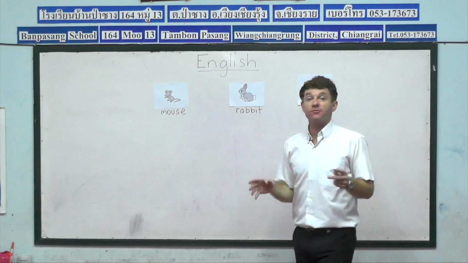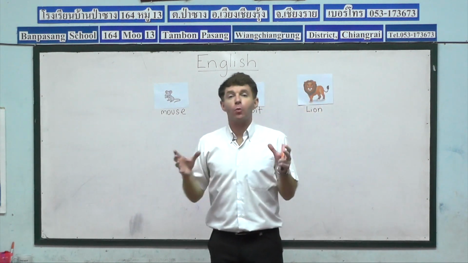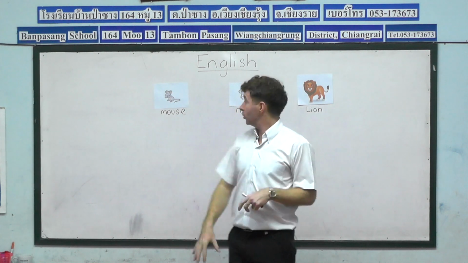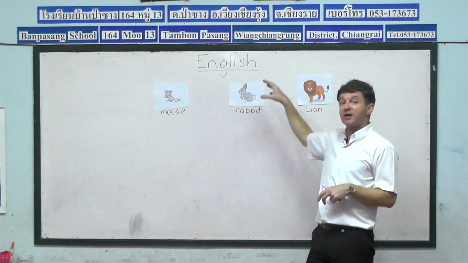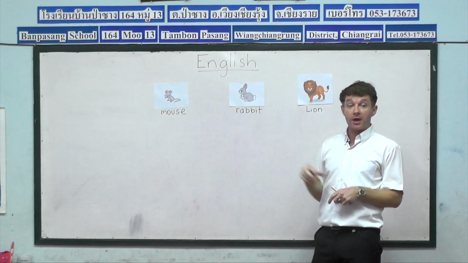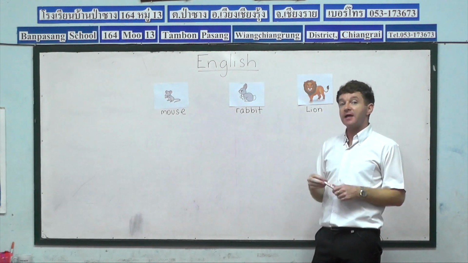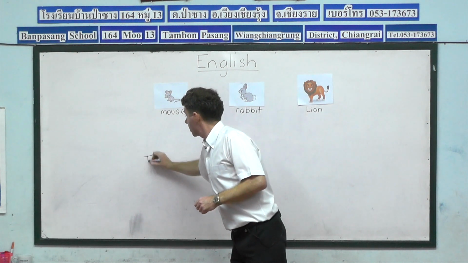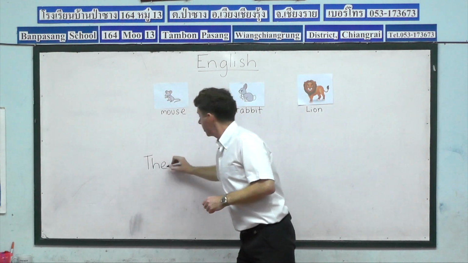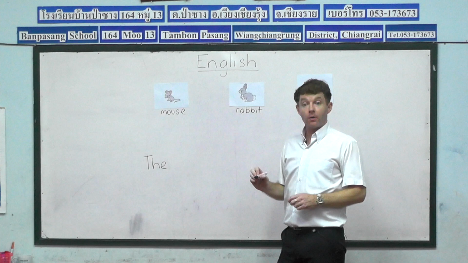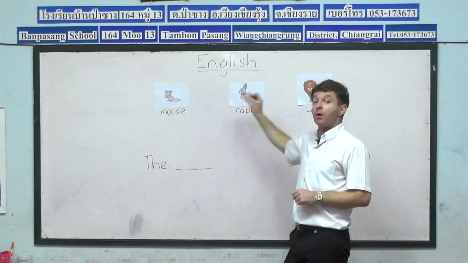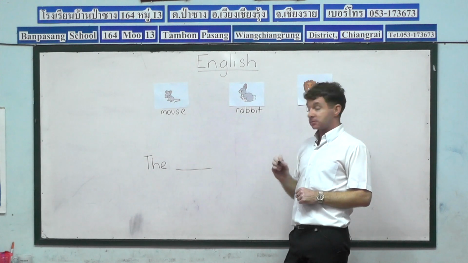So comparative adjectives, what the word comparative means is to compare, which means you need two different things to compare. And you structure the sentence like this. The first word will be the. Okay? And then the second word will be the name of the first thing we use.